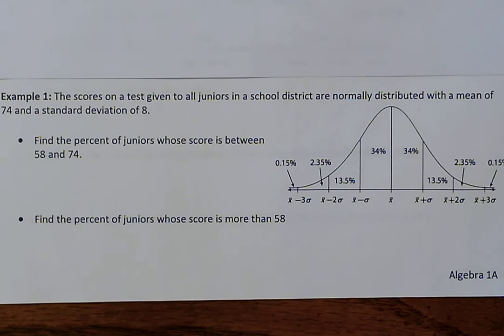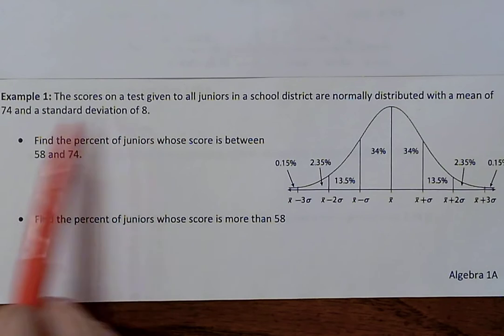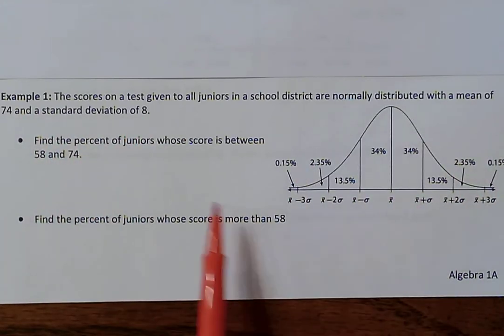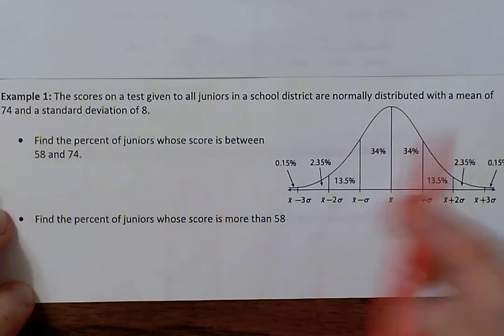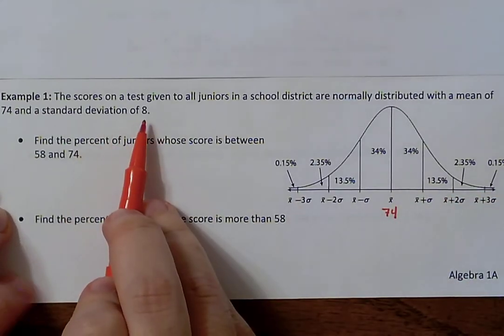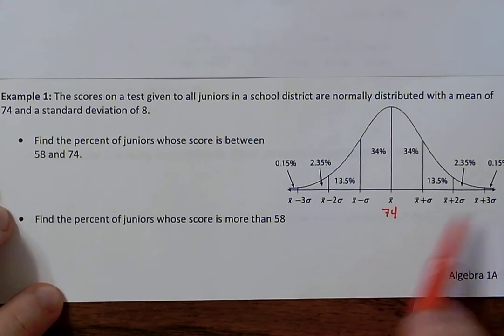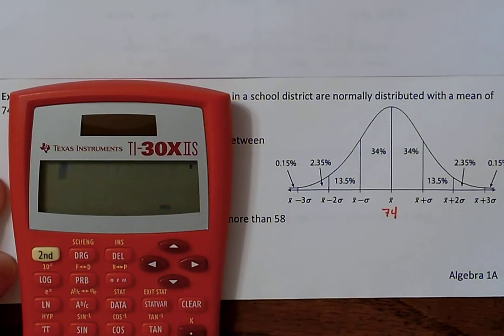Once they've told you the mean and the standard deviation, as long as you are using the normal distribution curve, you're going to use these two to help set up your curve to then help you answer the different parts. You're going to start with the mean, and the mean in this case is 74. And then your standard deviation is going to tell you what you have to add and then subtract. So if we start with 74, I'm going to add 8 to 74. So 74 plus 8 is going to give me 82.